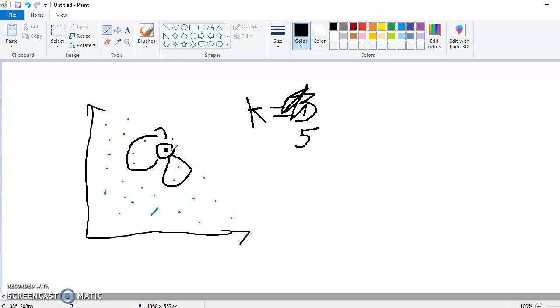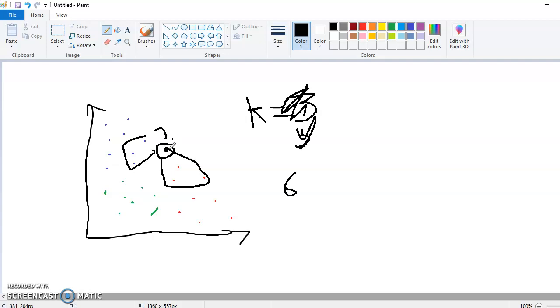Okay, now let's say we want to assign this value to 6. Maybe these 3 blue dots are the closest, and then these 3 red dots are the closest. Well, that doesn't make sense. The dot can't both be blue and red, right?